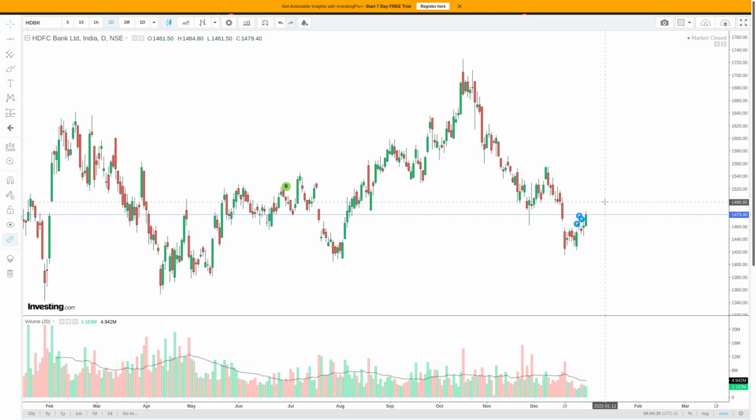But what happens if it doesn't touch 1500, but goes towards 1499 and then reverses? These are very good trading opportunities, because from an options front and from a generic resistance point of view, you know these are very interesting points where a stock can reverse. Many a times I've put an alert at 1500 and it didn't get triggered.